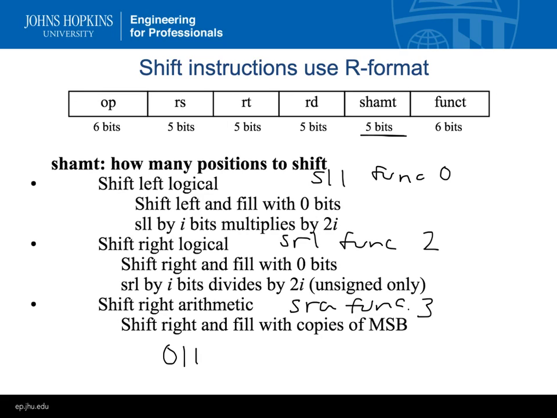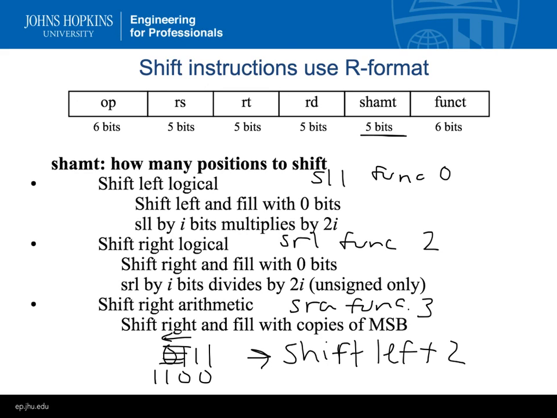So if this is a 4-bit number right here, shift left is going to shift it to the left and fill with 0 bits. So if we shift left 2, it's going to be 1100. So we'll shift it this way, and these shift out, and then add zeros.